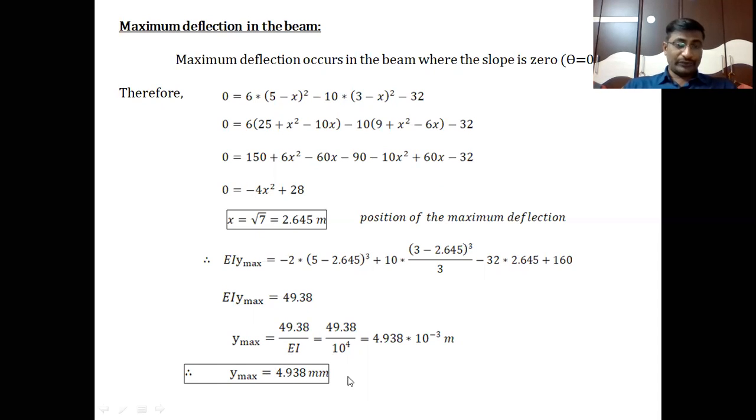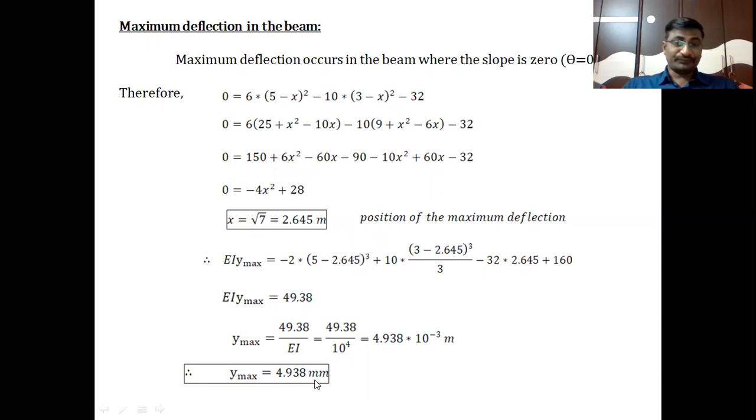Because how do we say this is downward deflection? We got the positive value. Deflection is a positive value, so if we get the positive value, it represents downward deflection. So the beam deflects downwards at a distance of 2.645 meters, and it is 4.938 millimeters.